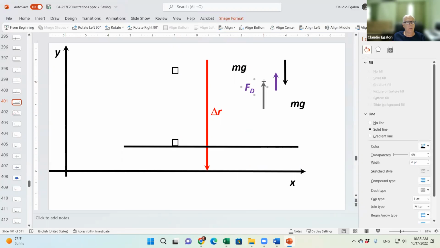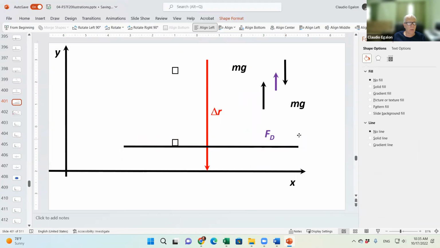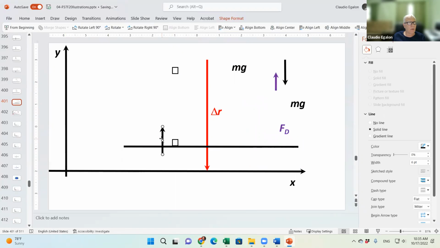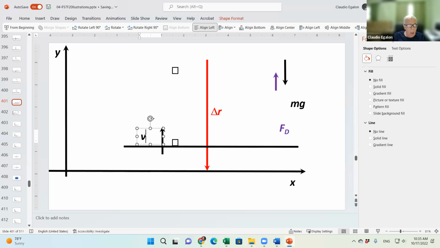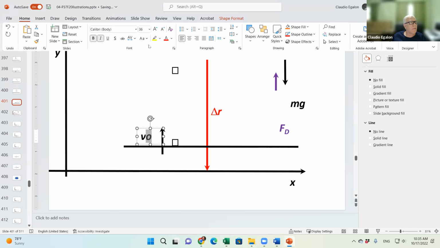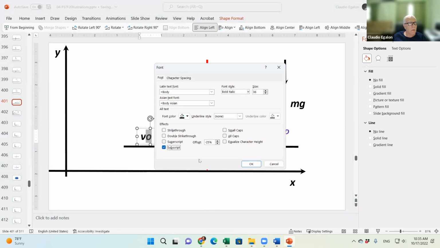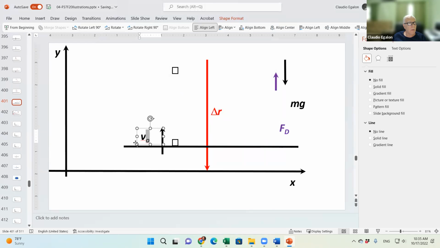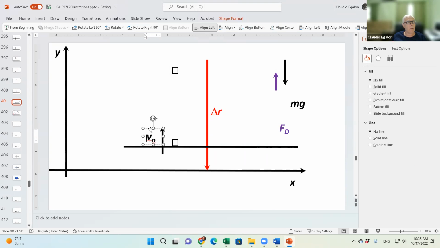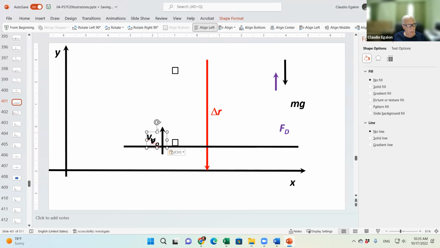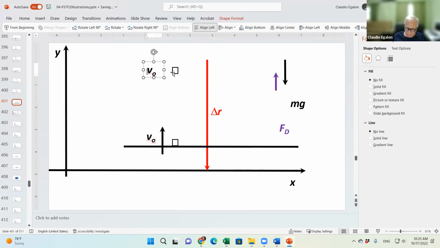When he's right here at this point, he has this initial velocity V0. Okay, when he reaches the top of the trajectory, he has this final velocity 0, right?